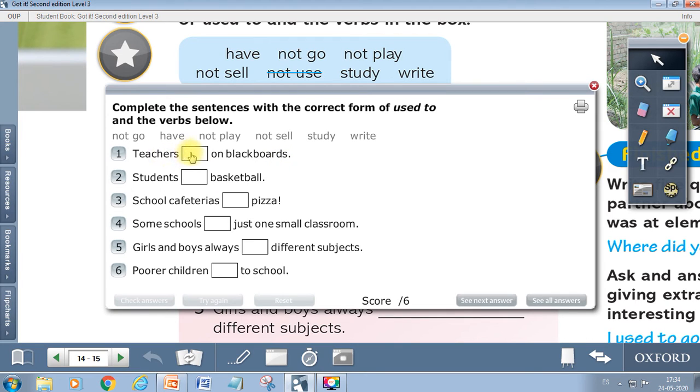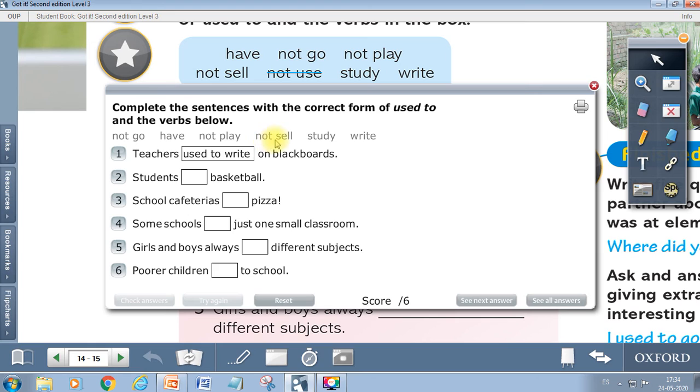So, teachers, which could be the perfect action? I think it's right, okay? So let's do it. Teachers used to write. Teachers used to write on blackboards. Then, students, basketball.